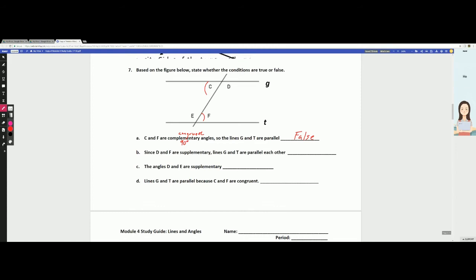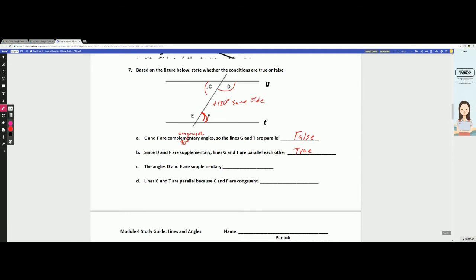Since D and F are supplementary, that means they add up to 180 degrees. G and T are parallel. That is true. Remember, same side angles add up to 180, because they're same side. So that's something to notice.